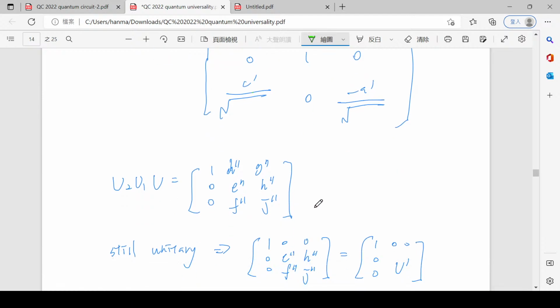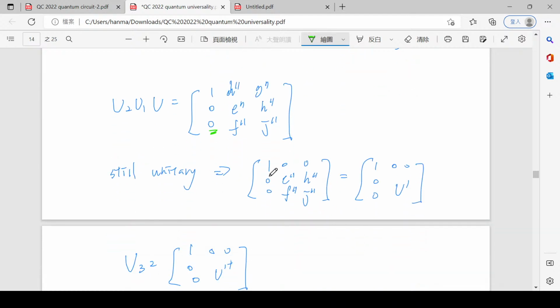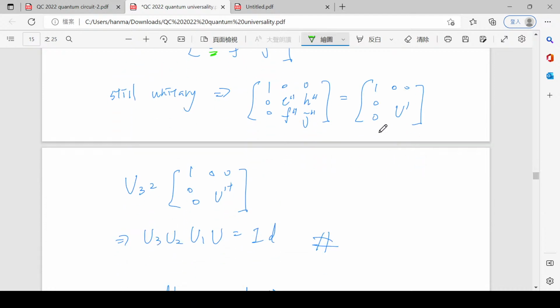There is some detail, but you multiply your U2 on your U, then you will make this entry equal to 0. Because these are unitary matrices multiplied together, it's still a unitary matrix. And so this is 1, then those two entries must be 0, because this column must be normalized. So actually you get this thing. And now this is another two-level unitary, and you see that your U3 will equal the inverse of this remaining U prime.